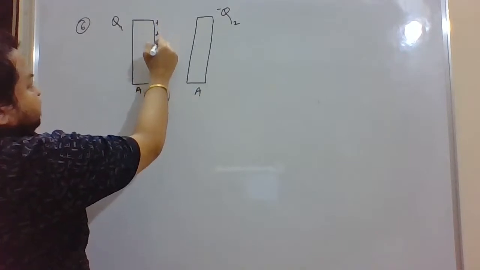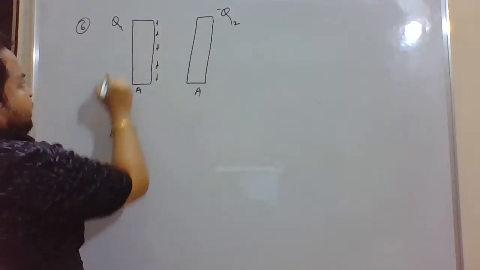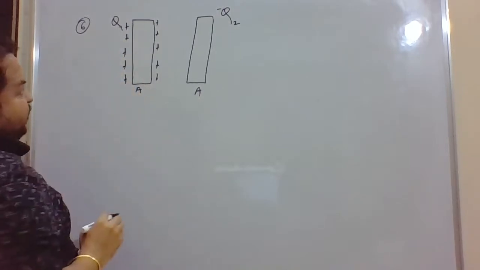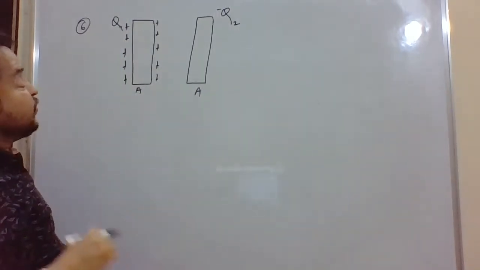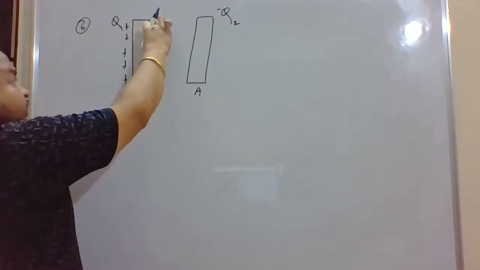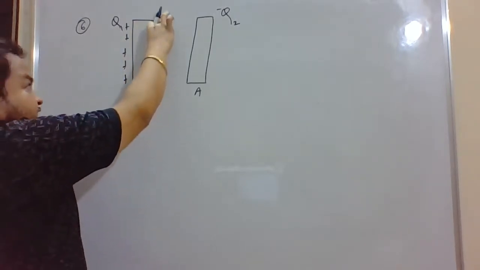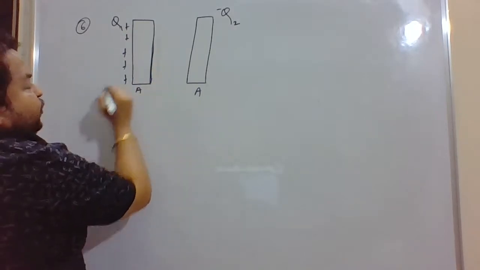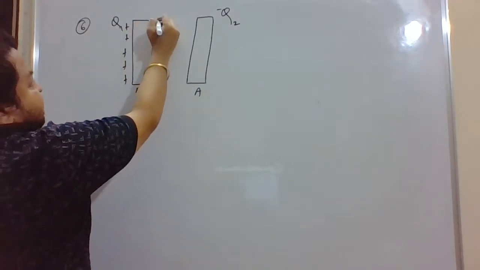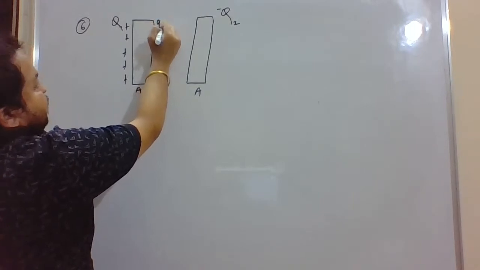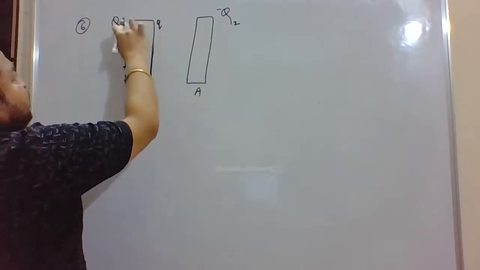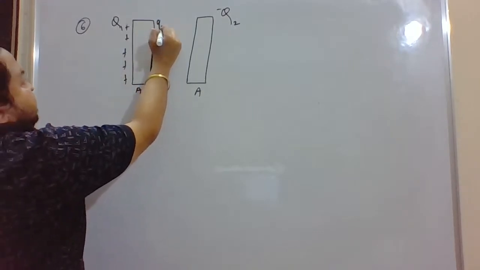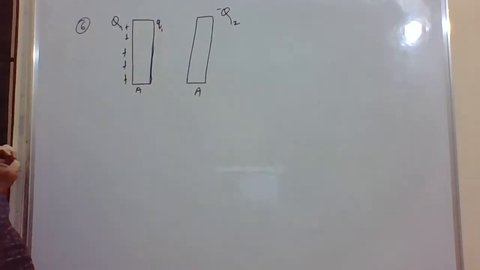So some charge will appear here and some charge will appear here. Will it always be the same? We can't really say that. So say, for example, on this side, suppose the net charge that has appeared is q1.